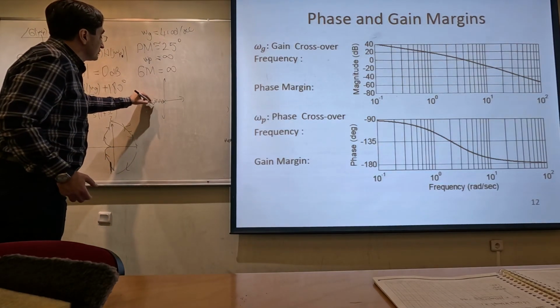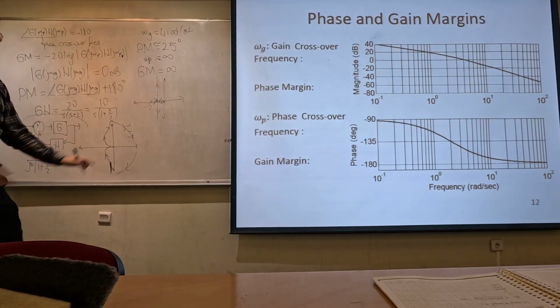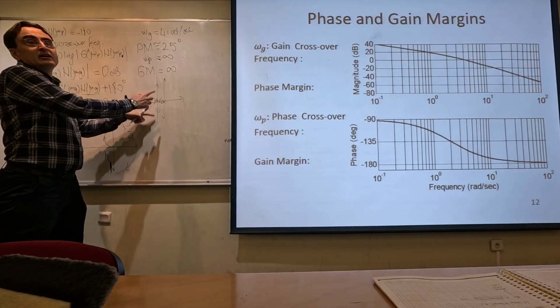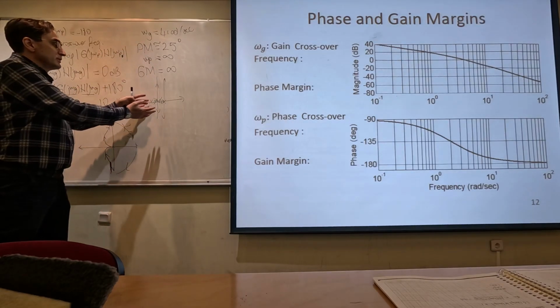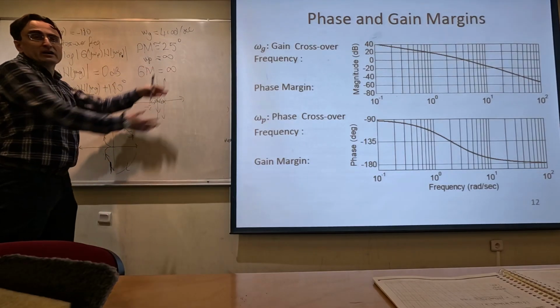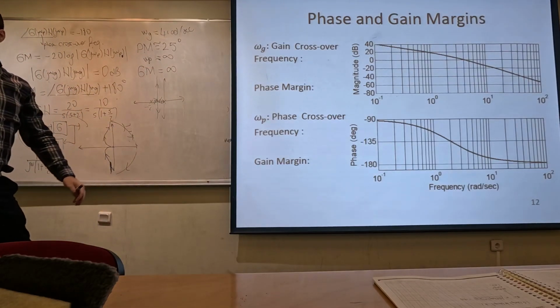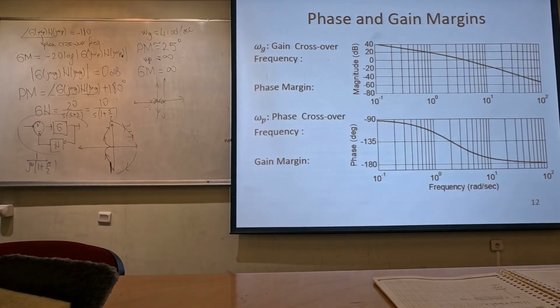This point is minus 2, and I will have the asymptotes like this. I can increase k as much as I like. There are never closed loop poles in the right half plane. That actually means that such a system would have infinite gain margin.